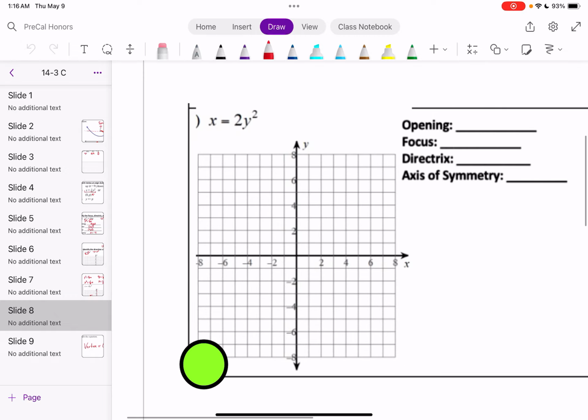In slide 8, we have x is equal to 2y squared. We would first begin with identifying the equation itself. So when is x by itself? Well, that is generally going to be whenever we are looking at something that is left to right. So we're going to go ahead, isolate our y squared, which means 1/2 x is equal to y squared.